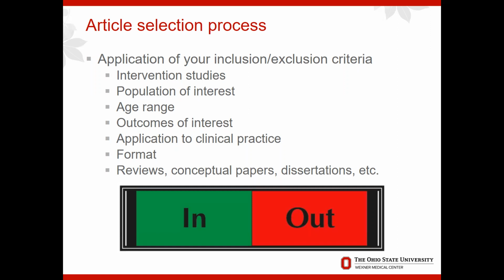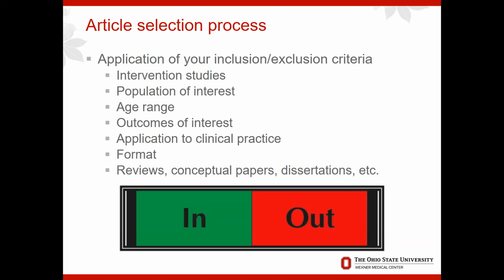Other kind of inclusion exclusion to think about is: is there an application to clinical practice? Maybe you're entering search terms in your search strategy into different databases, and you come across a slew of articles that pertain to maybe basic science, looking at changes in molecular structures.